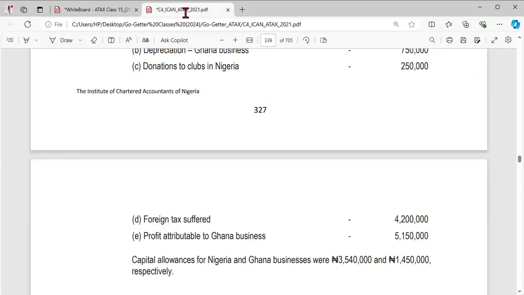Now, profit attributable to the Ghana business is inclusive in the overhead.